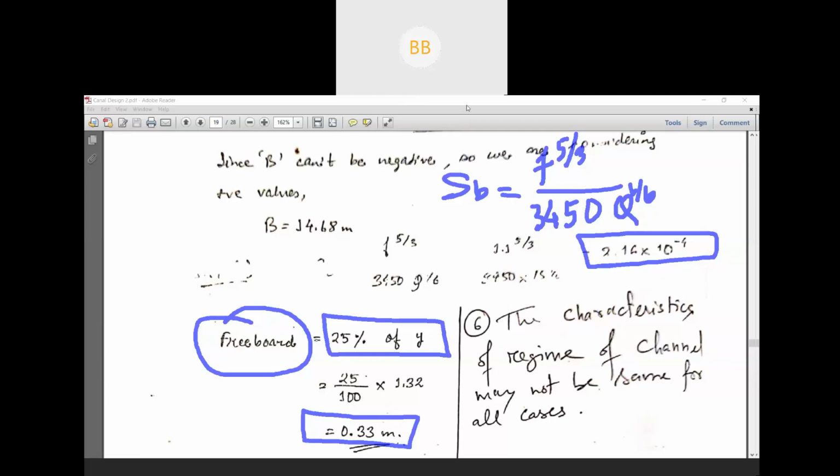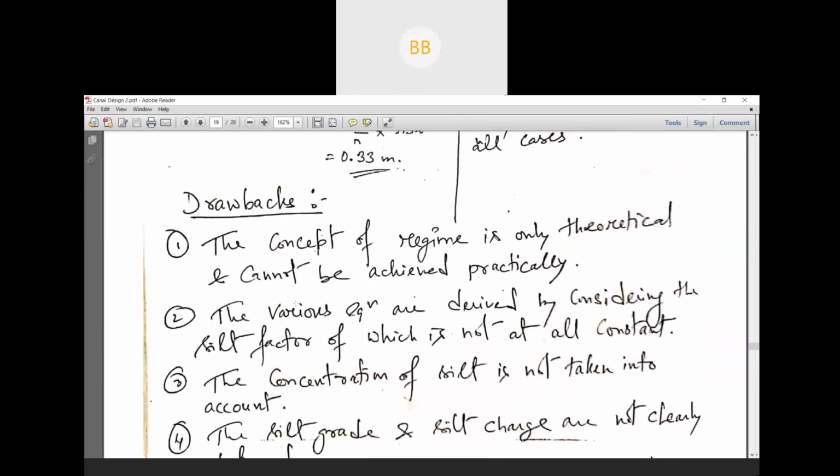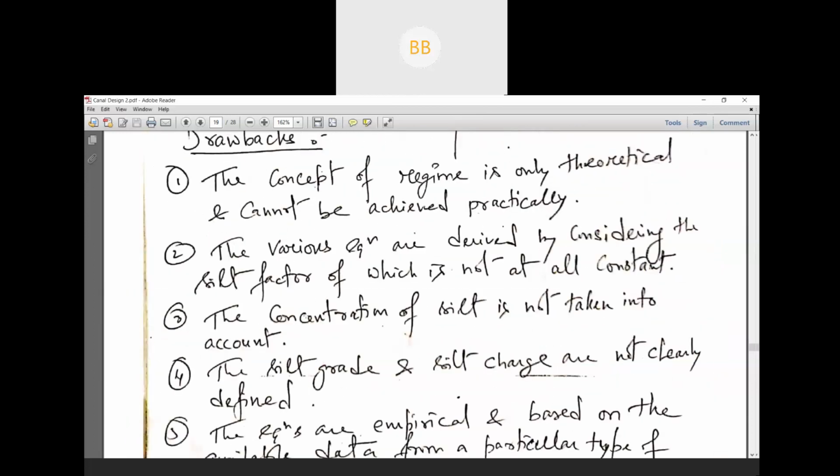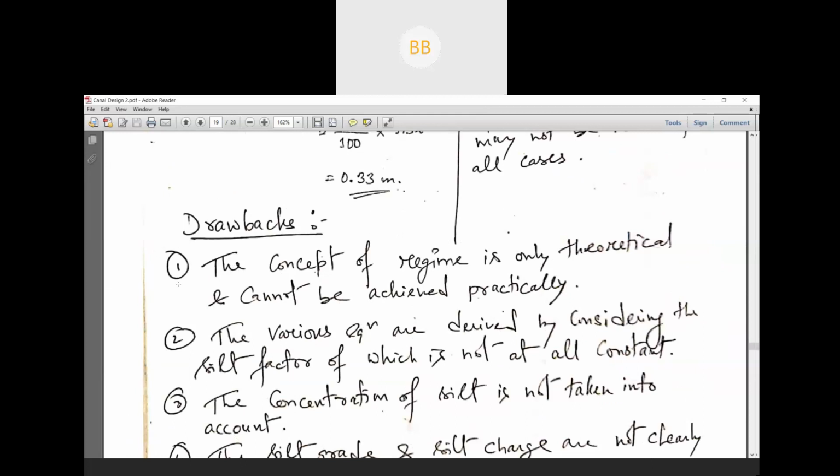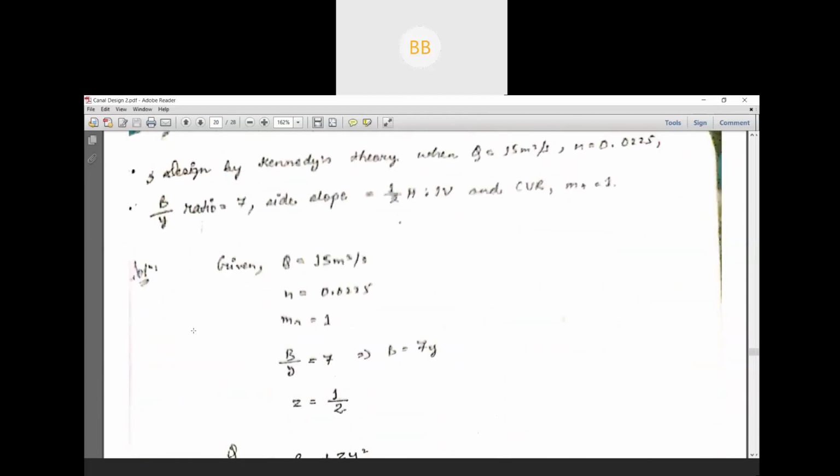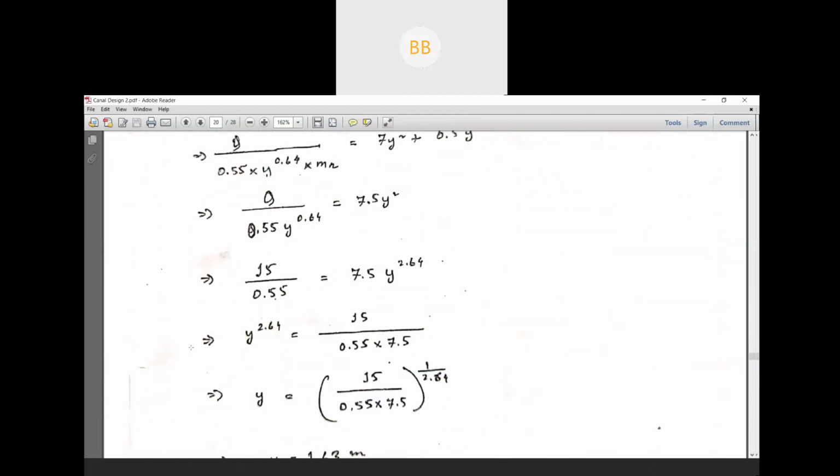This is also related to your Lysis theory. Don't worry, the drawbacks of Lysis theory I'm going to share with you, so you need not write now.